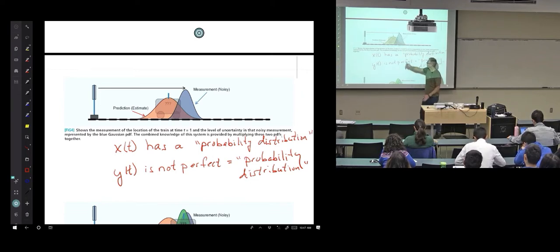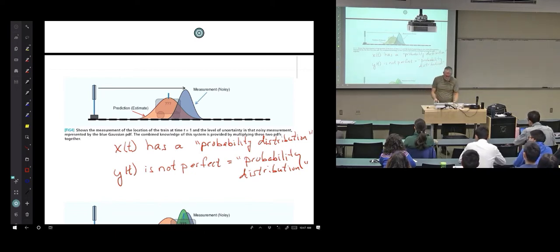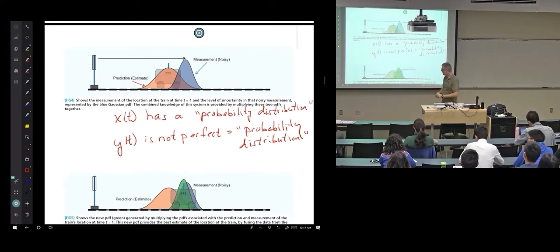Now, how do I take the information that I have about where I think the cart is, and my information in the measurement, and fuse these two pieces together to get the best estimate of the cart? That's the problem we will be solving. So x at t has some probability distribution.